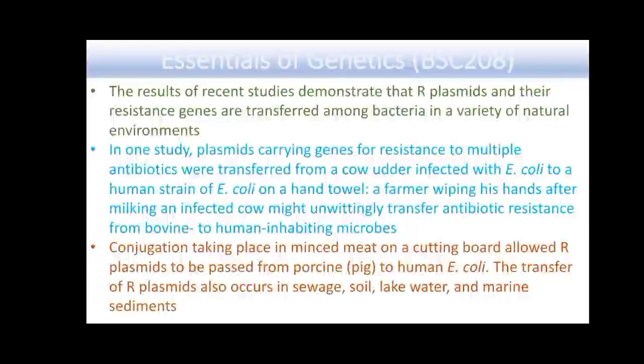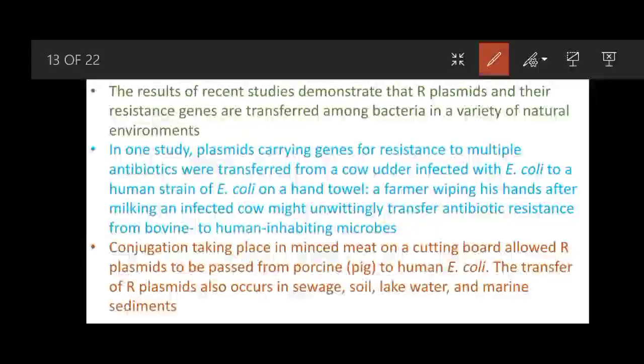So the results of recent studies have demonstrated that the R plasmids and their resistance genes are transferred among bacteria in a variety of natural environments.